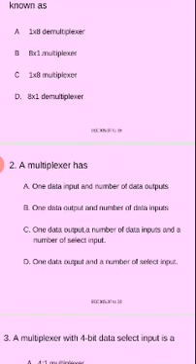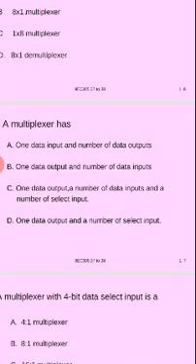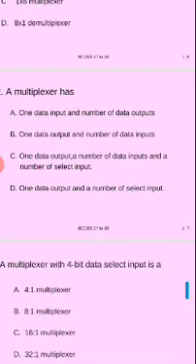Second quiz. A multiplexer has: option A, one data input and number of data outputs; option B, one data output and number of data inputs; option C, one data output, number of data inputs and a number of select inputs; option D, one data output and a number of select inputs.